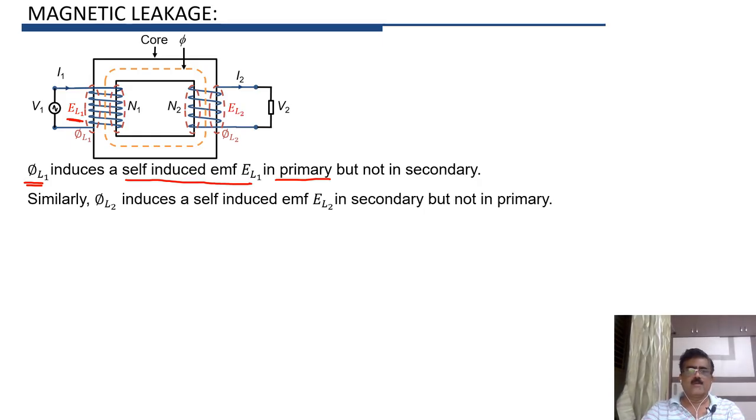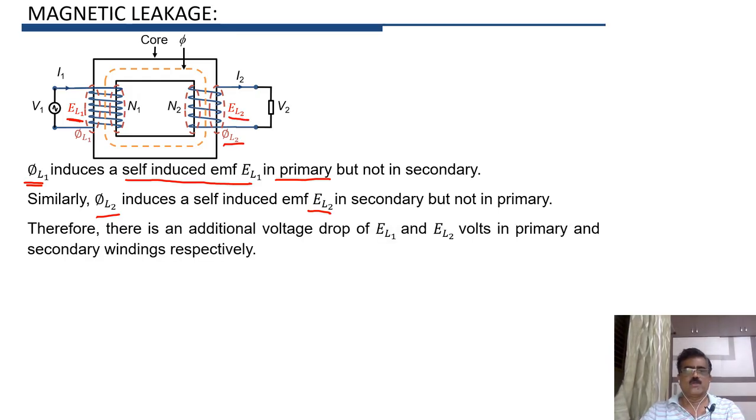Similarly, because of secondary leakage flux phi L2, there is a self-induced EMF EL2 induced in secondary but not in primary. So because of this flux phi L2, there is self-induced EMF EL2 induced in secondary, and therefore in primary winding there is an additional voltage drop of EL1 volts. Similarly, in secondary winding there is an additional voltage drop of EL2 volts.